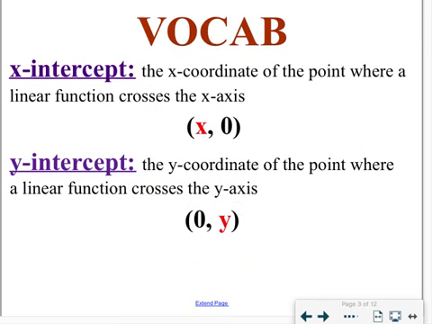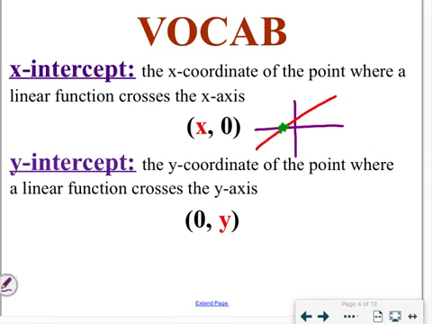Other key piece of information for linear equations is knowing the x and the y intercept. The x-intercept is the x-coordinate where the line crosses the x-axis. So if you're looking at a graph and you have your line going through, we're looking at the x-axis, and you would pick out the x-coordinate from that point as your x-intercept.